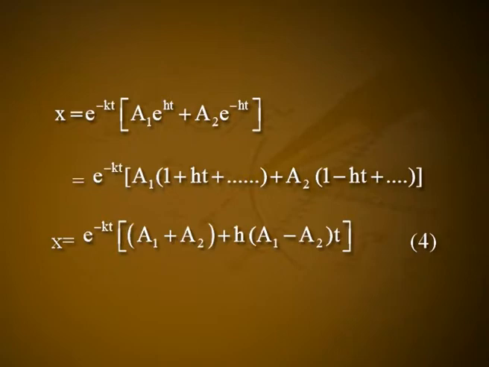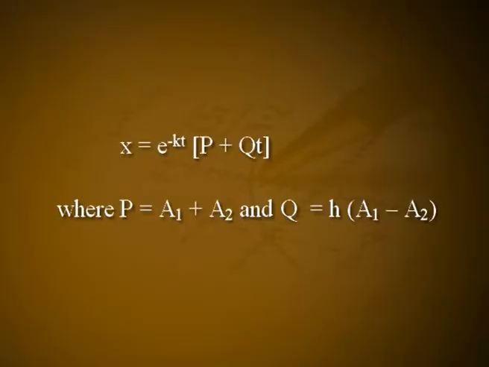Let it be equation number 4. Neglecting terms containing higher powers of h, x equals e raised to minus kt into p plus qt, where p equals a1 plus a2 and q equals h into a1 minus a2.